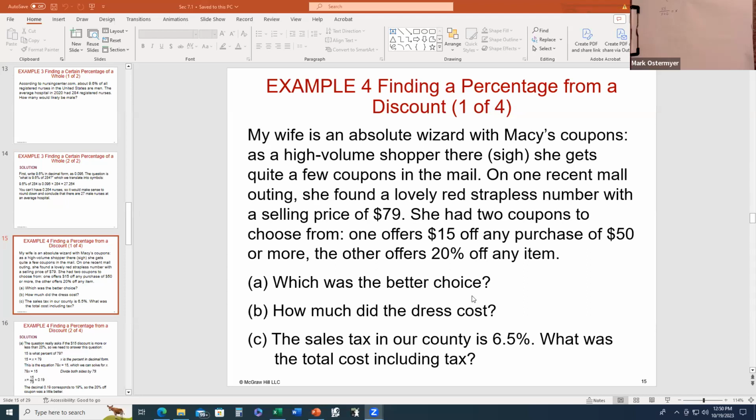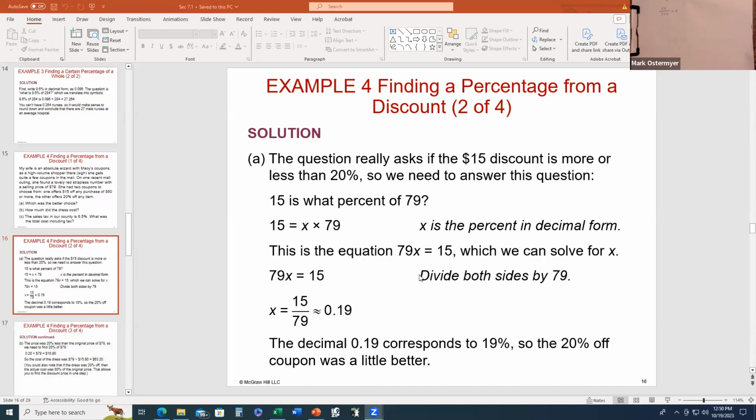All right, ladies and gentlemen, what was the better buy here, the better deal? Well, let's analyze each one individually. Is a $15 discount the way to go? Now, they're asking the question, 15 is what percent of $79?